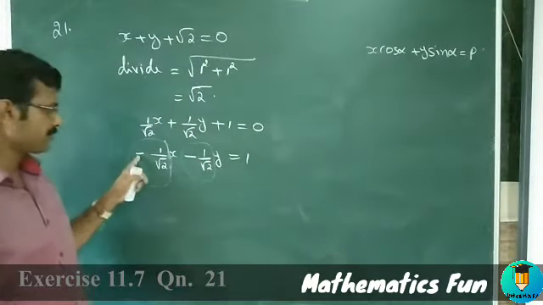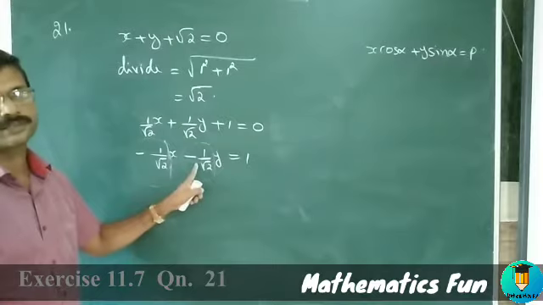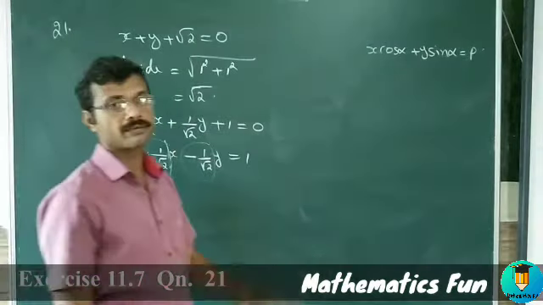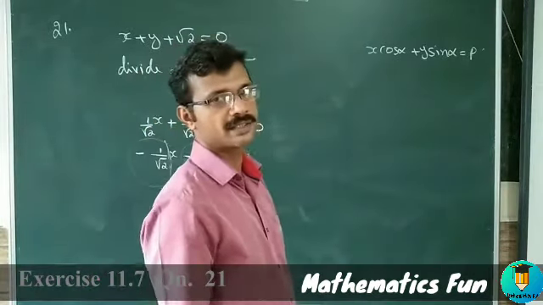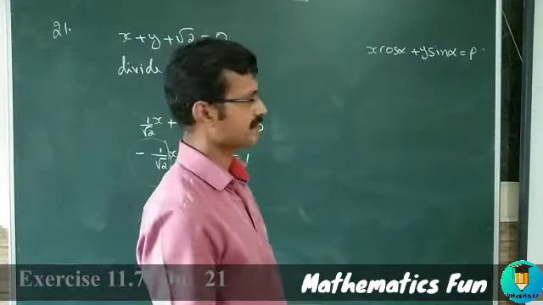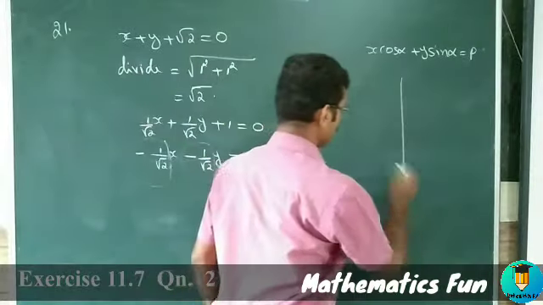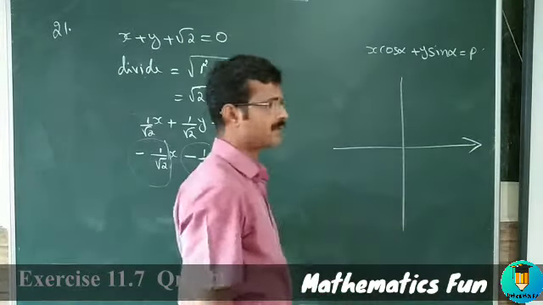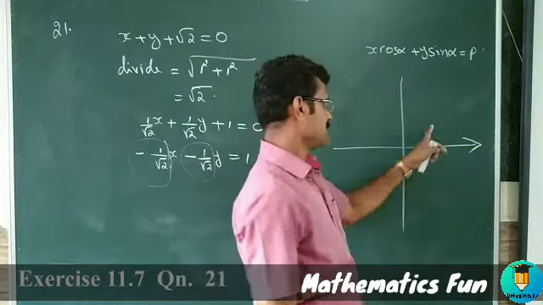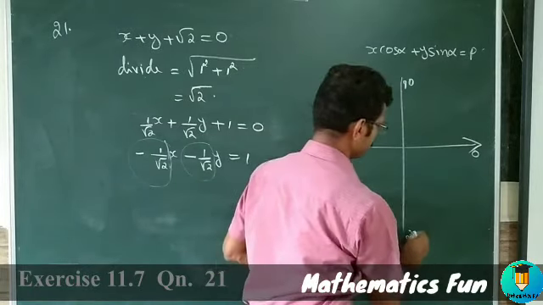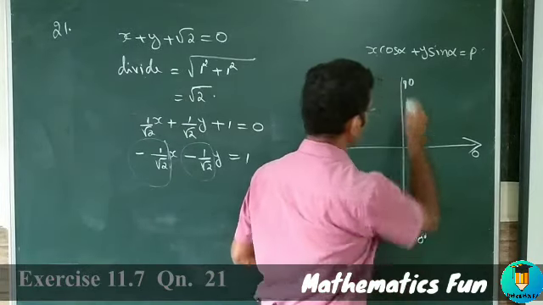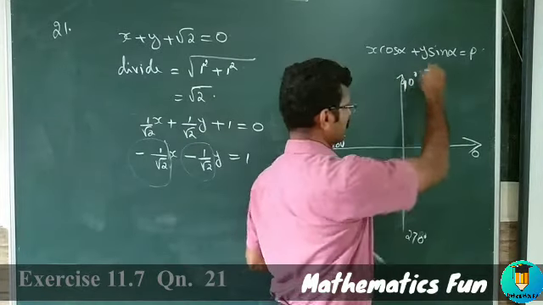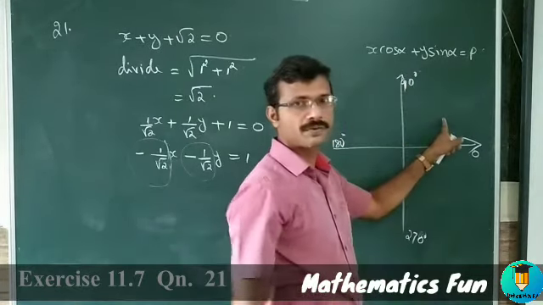But here there is a problem: the minus sign. For that you must have some idea from trigonometry, which you will study later. That idea is also required here to fix the proper place. See, if we connect coordinate geometry with trigonometry, from 0 degree, this is 90 degree, this is 180 and this is 270 degree. This is the first quadrant.